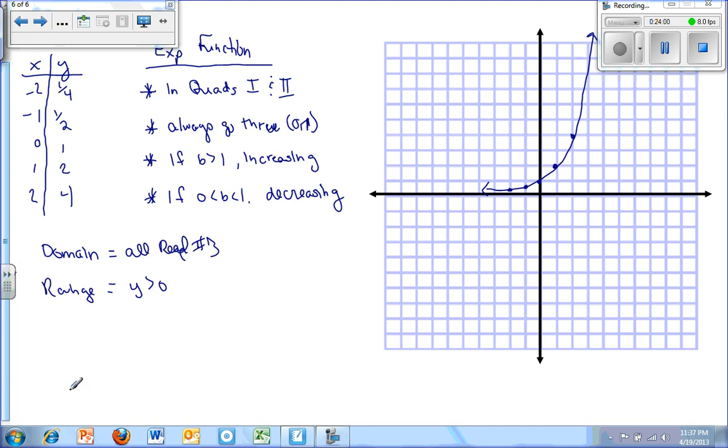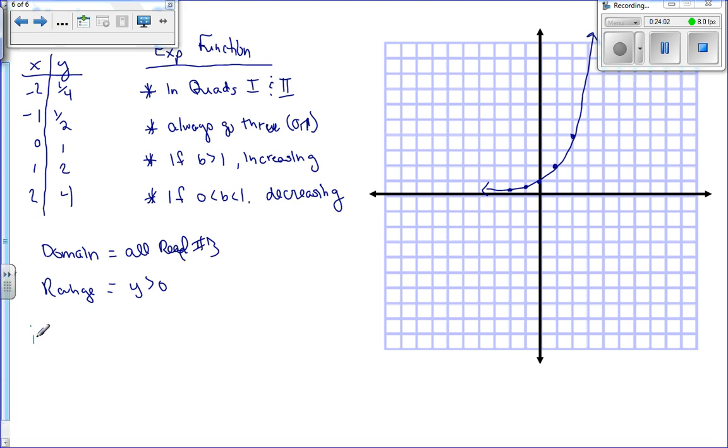So, for the inverse, it is always switch x and y.